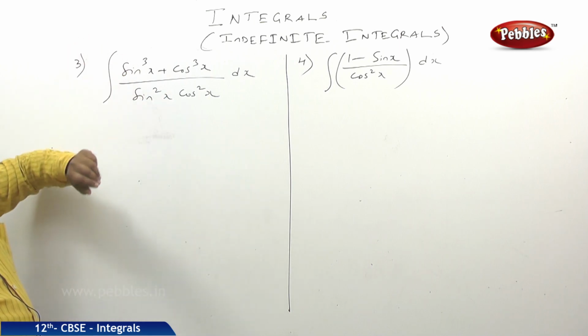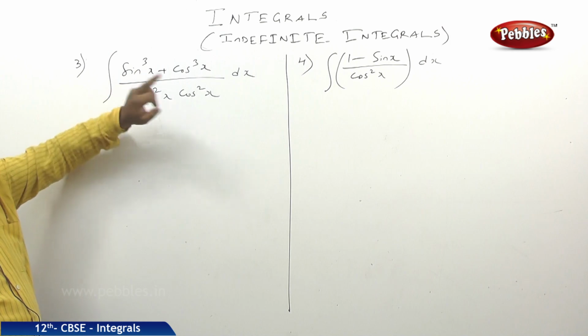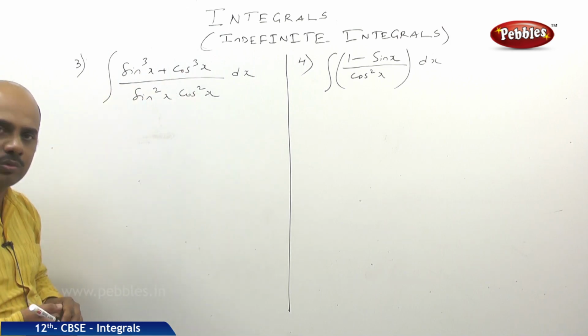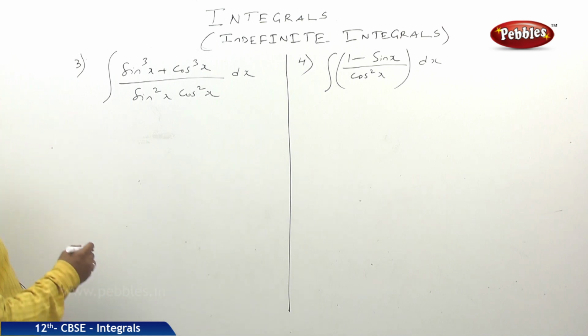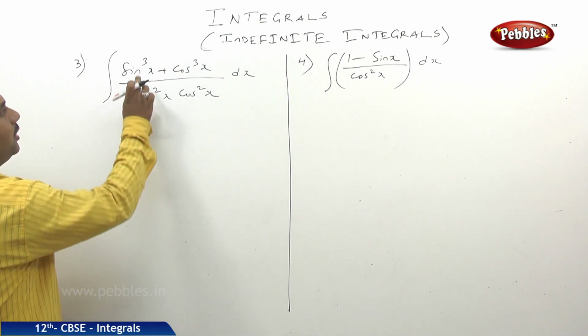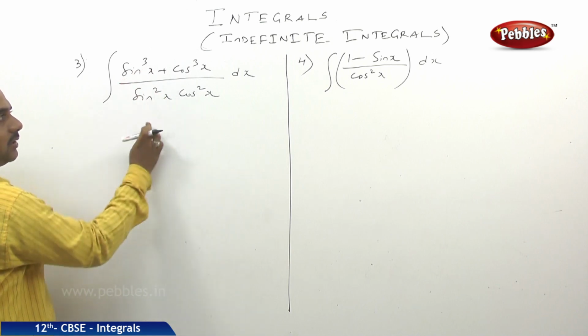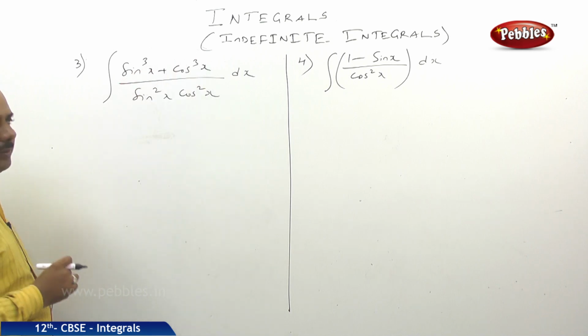The very first problem we'll be looking at: integral of (sin^3 x + cos^3 x) divided by sin^2 x cos^2 x dx. Now again the same concept here, (a + b) by c, so it comes as a by c plus b by c.